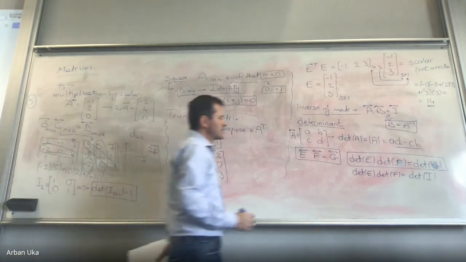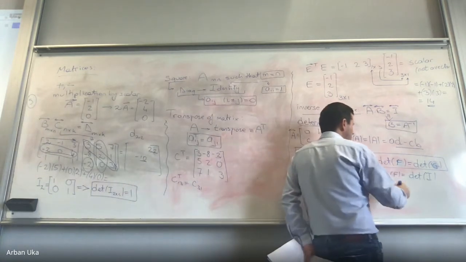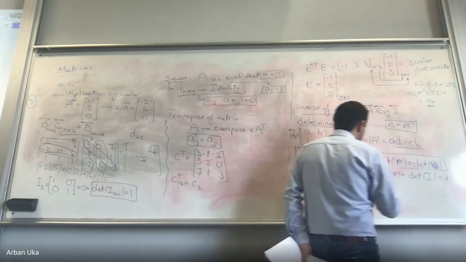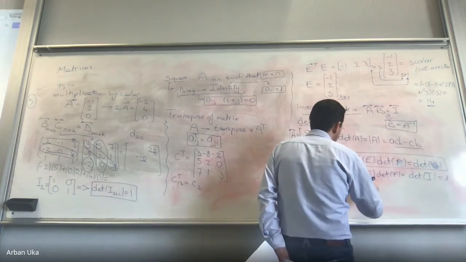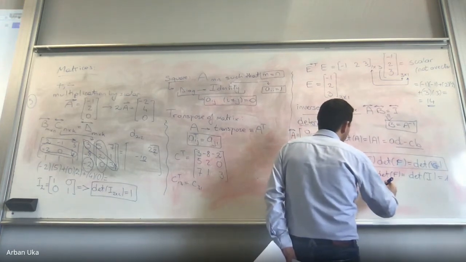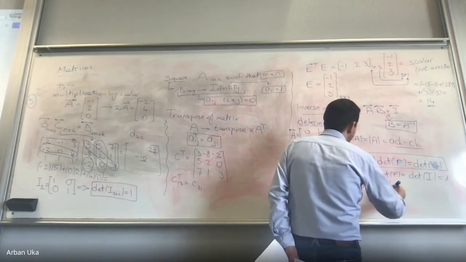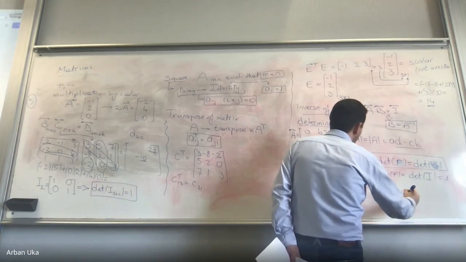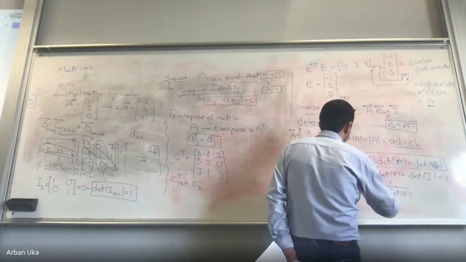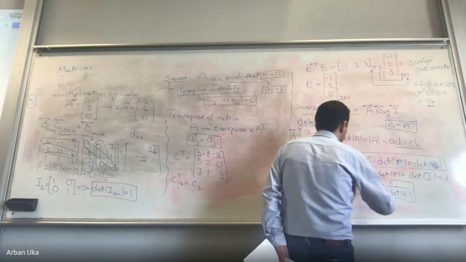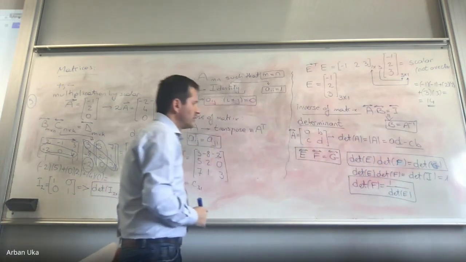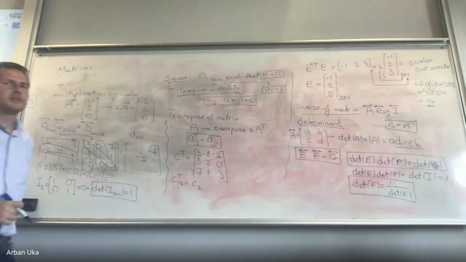So these are scalars, these are numbers, which means that if this is equal to 1, then we can say that the determinant of F is equal to 1 over the determinant of E. So they are inverses of each other.